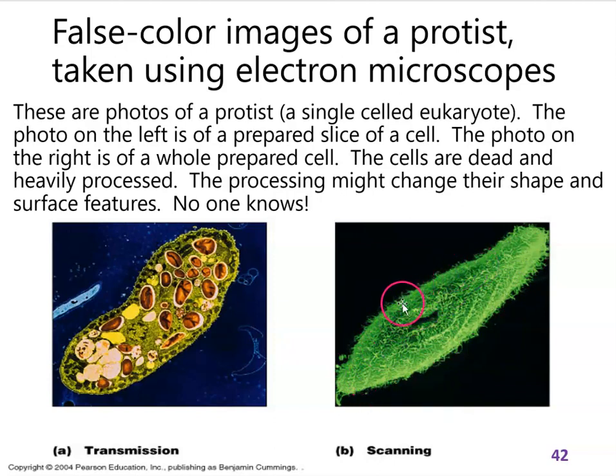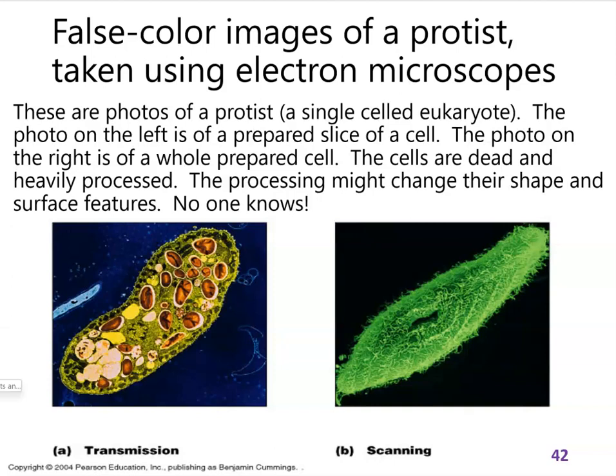So who knows what these little hair things should look like? We don't know. But again, that's what you have to do to get enough contrast to see anything. You have to do something to give the cells contrast. And for this kind of electron microscopy, that means you have to coat them with metal. What we do in our lab is use prepared slides or stain slides.